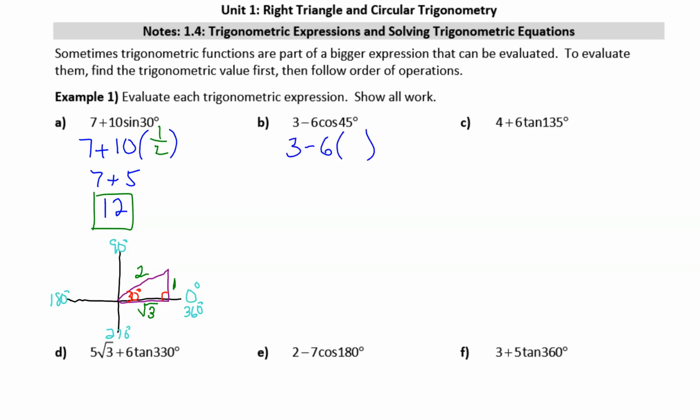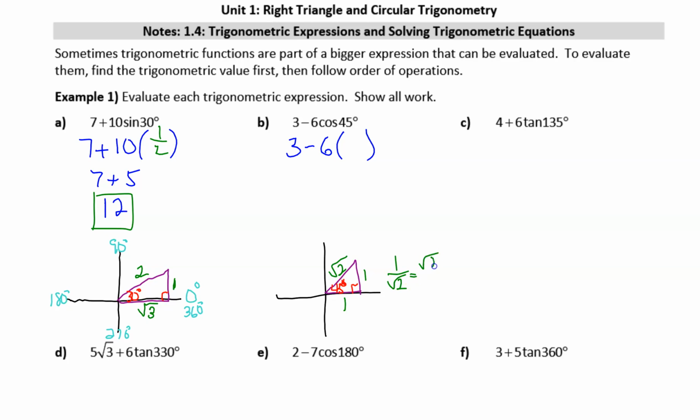In B, we just need to find the cosine of 45 degrees and then multiply it by 6 and subtract that from 3. 45 degrees is also an angle that terminates in the first quadrant, so we can fill in our sides, all of which will be positive. So the cosine of 45 degrees is 1 over the square root of 2, or the adjacent over the hypotenuse.